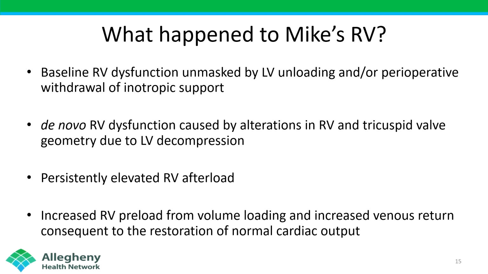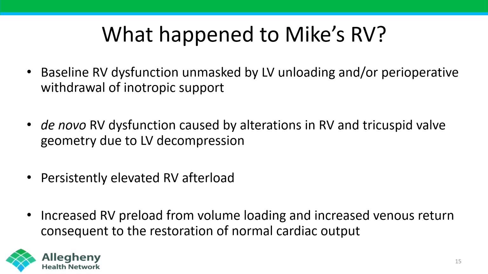So what happened to his RV, even though we thought we had unloaded it for 3 days and that should have been enough? What we truly underestimated is what a chronically unloaded LV does to an RV. And even though his hemodynamics seemed to have responded short term, we just did not give him enough time. Maybe we should have left him on inotropes longer.